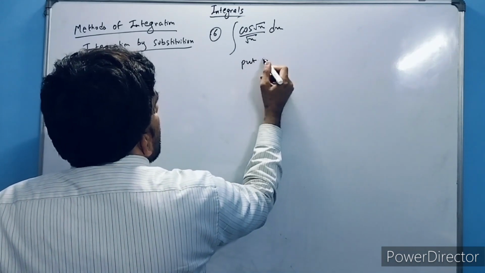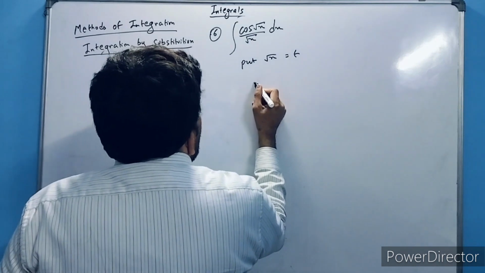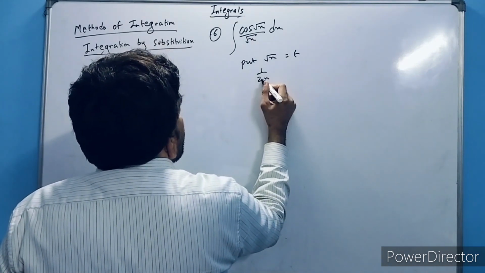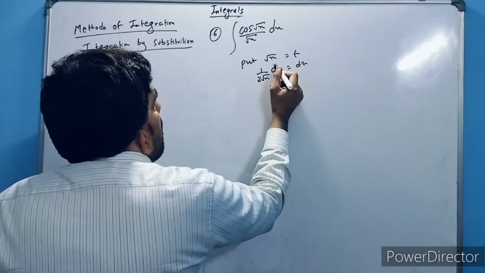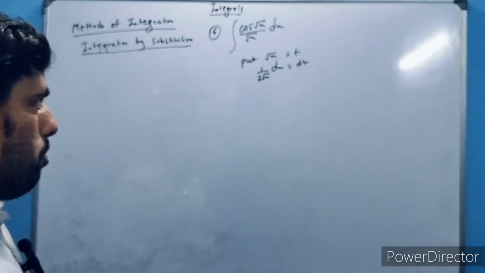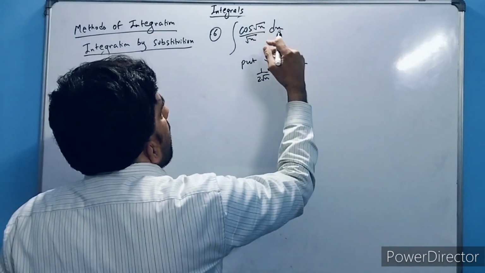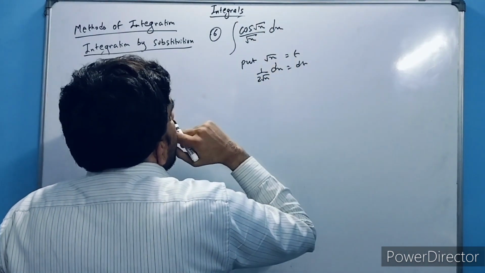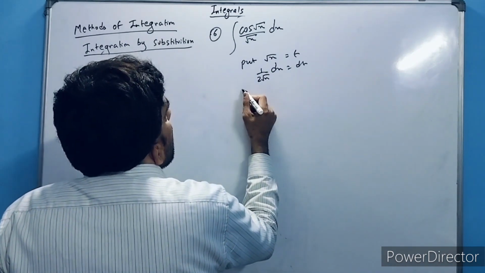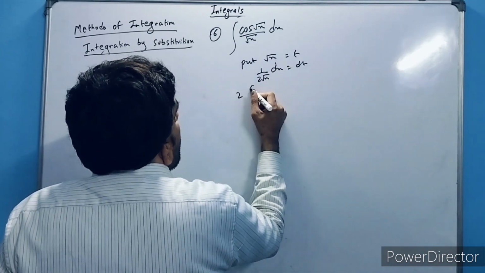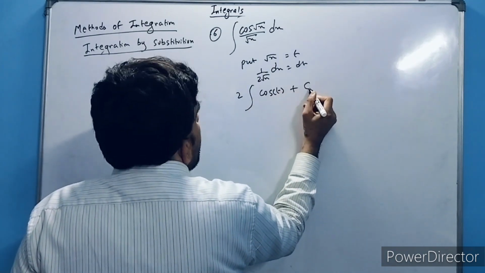Put root x is equal to t, so that what will happen? 1 by 2 root x dx is equal to dt. So now what will we have? 1 upon root x dx is equal to 2 dt. So 2 will be outside, so I got 2 cos t plus c.